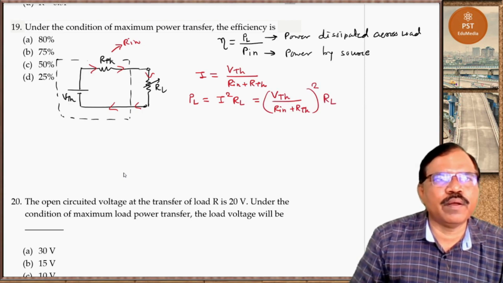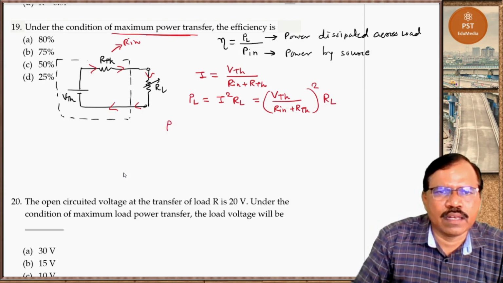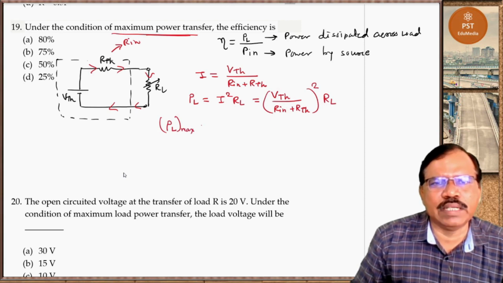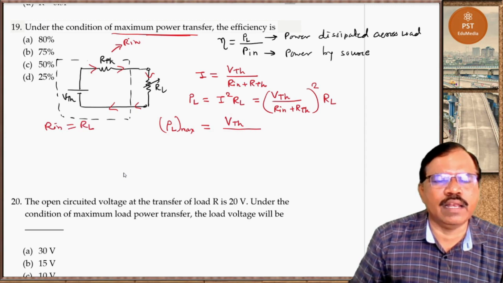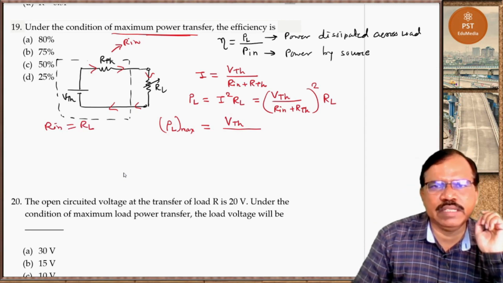Now the maximum power transfer theorem. So PL, maximum power, is transferred when Rin will be equal to RL. Rin means RTH will be equal to RL.